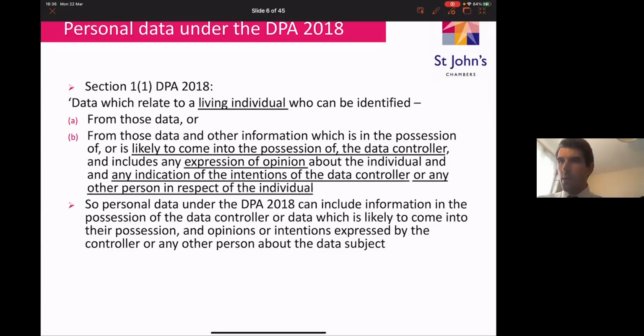So it doesn't just mean data which the controller is processing, and we'll come on to the definitions of controller and processor, but it also means data that they are likely to come into the possession of, and includes opinion about the data subject and any indication of the intentions of the controller or any other person in respect of the individual. So it can include opinion or intention expressed by the controller or any other person. And that's important, I think, for the purposes of vicarious liability, something which James Marwick's going to touch on for you.